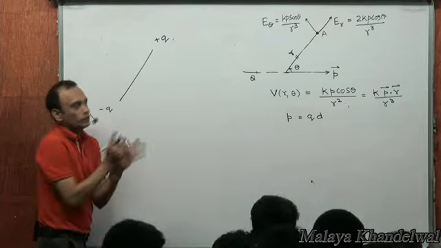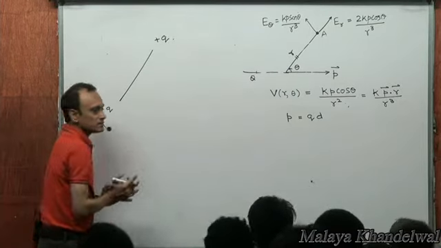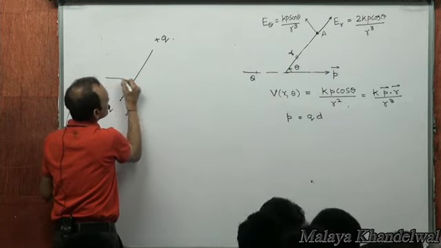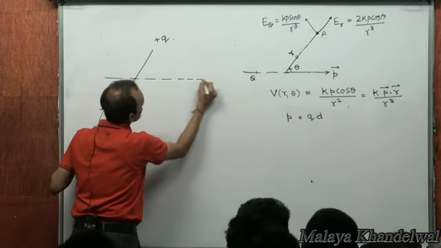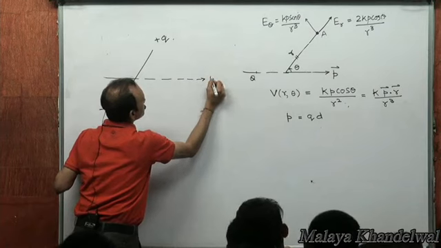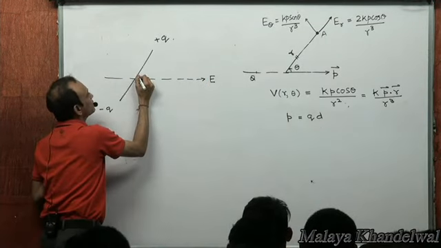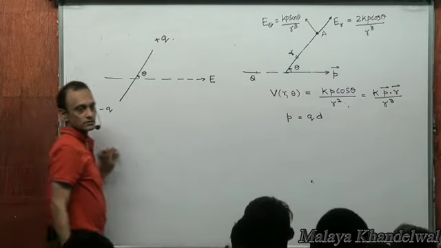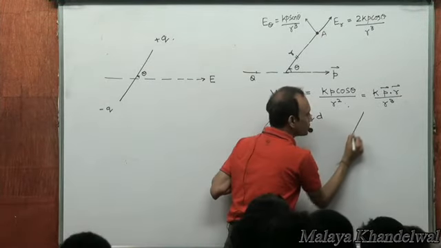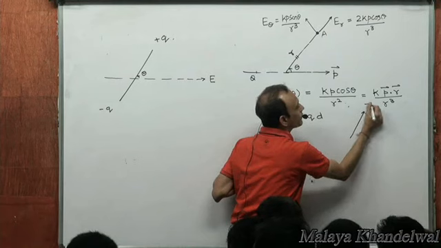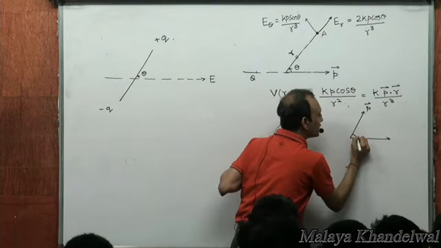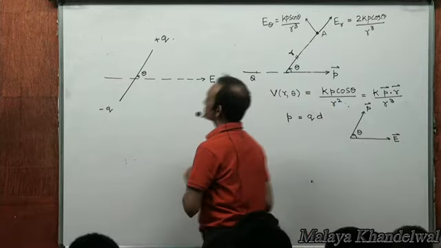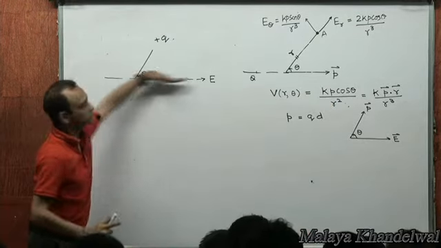Same dipole moment q into d, this separation is d as always, and this is the electric field vector making an angle theta with the dipole. Dipole was P like this, right? The dipole vector P makes an angle theta with the electric field vector, the uniform electric field vector.